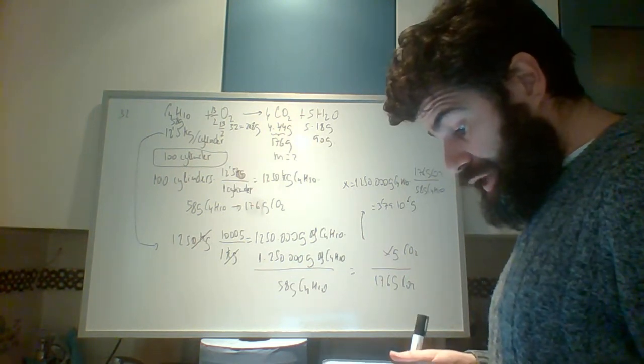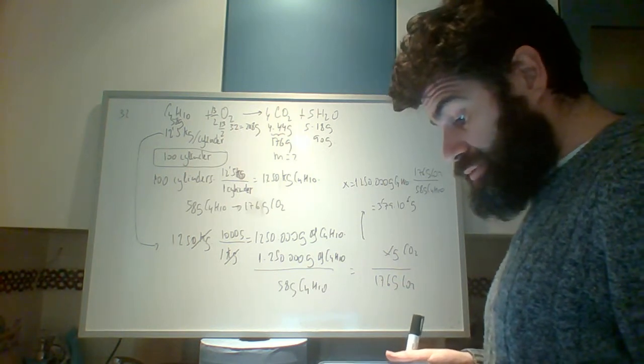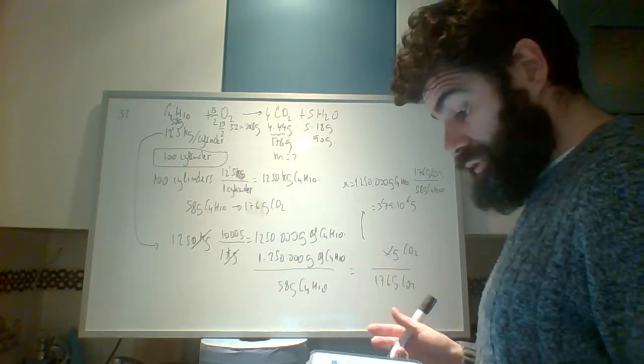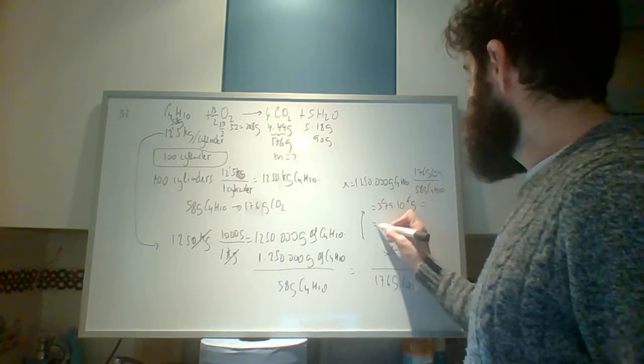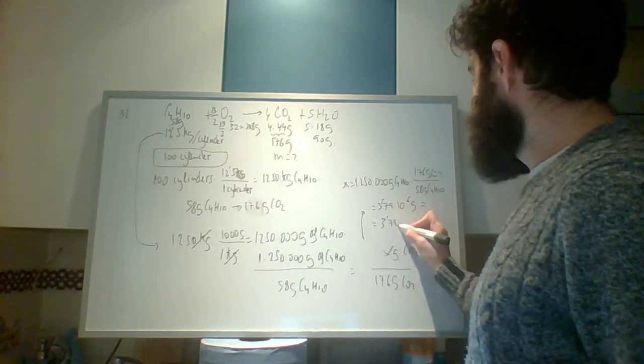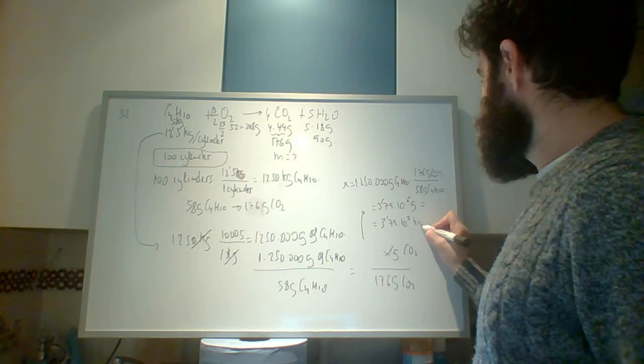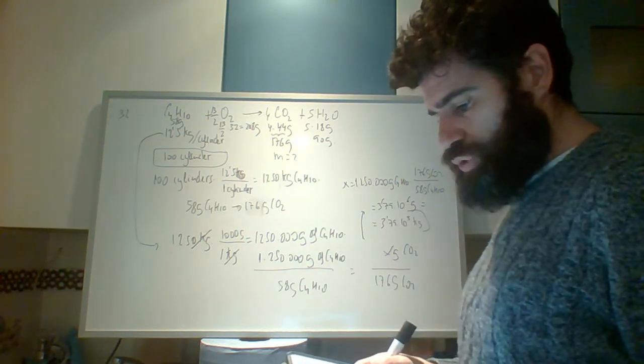In kilograms, you have 3,784, more or less. So in kilograms you will have 3.79 multiplied by 10 to the power of 3 kilograms. Okay, this is the way to work with this.